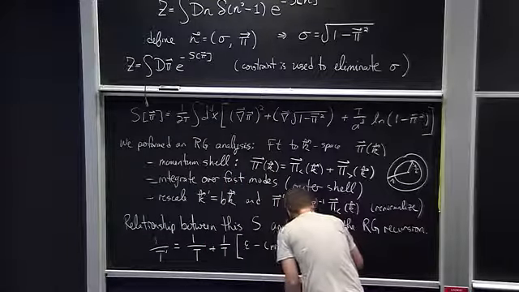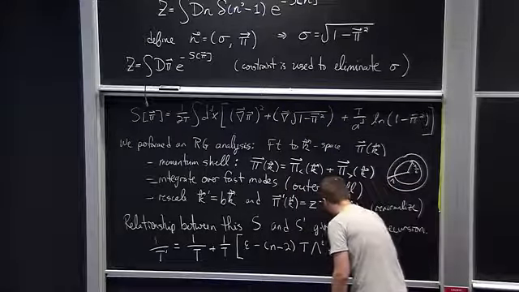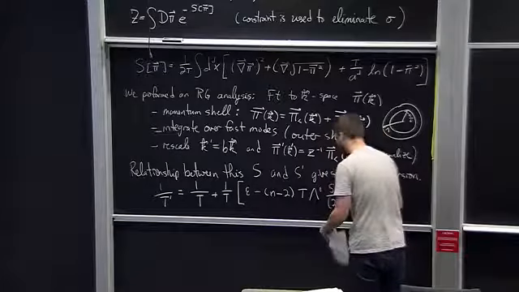So I have a cutoff from the integral. I have the angular piece, 2 pi over d.